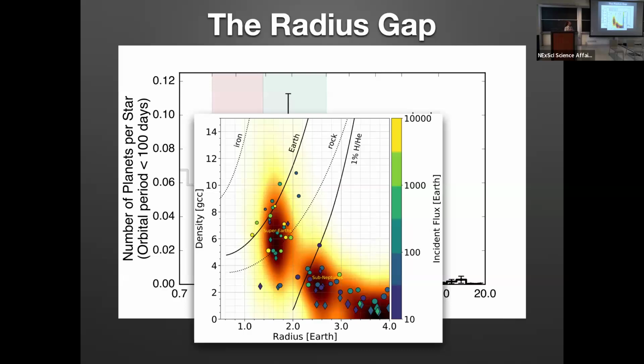You can see that the population of these smaller planets on the left side of the planet radius gap tend to be consistent with some mixture of Earth-like composition, so a mixture of rock and iron. Once you get to the right side of this gap, the slightly larger planets, you have to add some hydrogen, helium, or some sort of volatiles on top of that in order to explain their bulk density and their mass and radius.